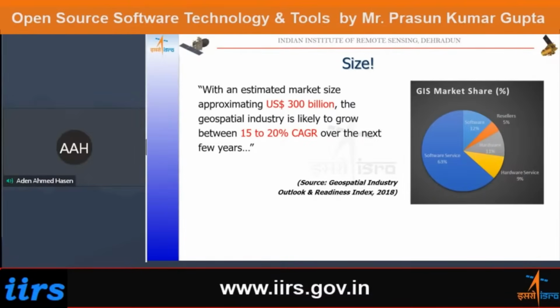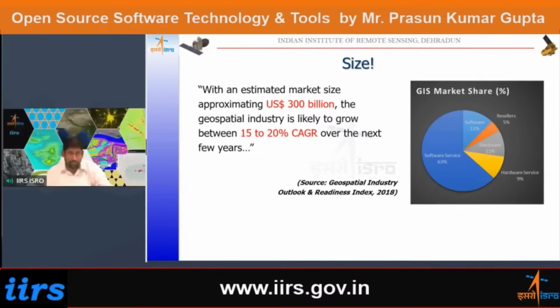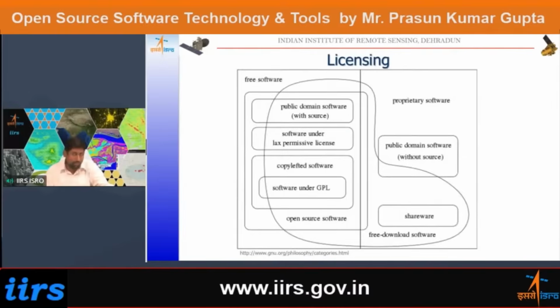And this market is growing rapidly at around 15 to 20% compounded annual growth rate. So roughly every 5 years, there's 100% growth. That means within the next 5 years, this is going to become 300 to $600 billion. So there's a lot of money involved, huge money involved.